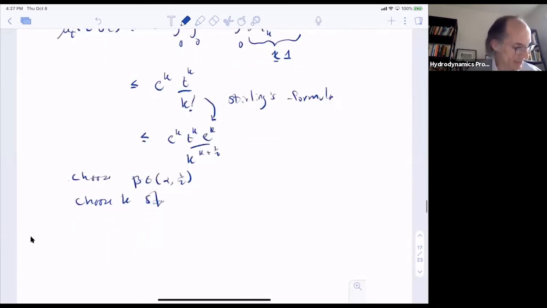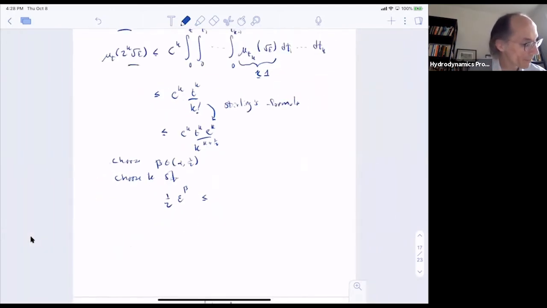such that, let's say, 1/2 epsilon to the beta is less than 2 to the k times the square root of epsilon, which is less than epsilon to the beta.